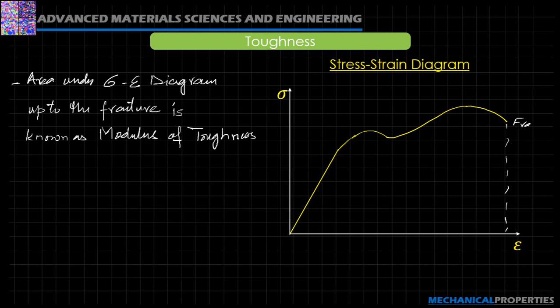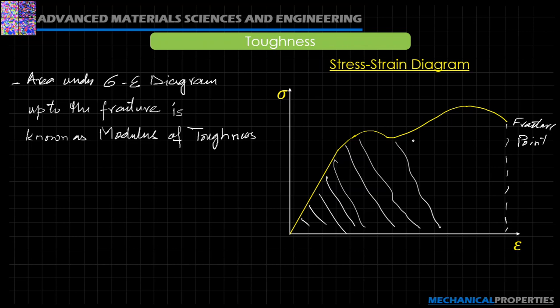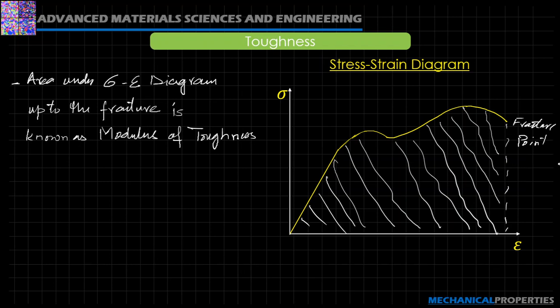This is the fracture point. So area under the curve up to the fracture is the modulus of toughness of that very material, and we know that more area under the curve, the more modulus of toughness of the material.